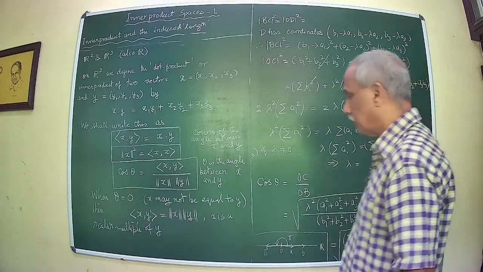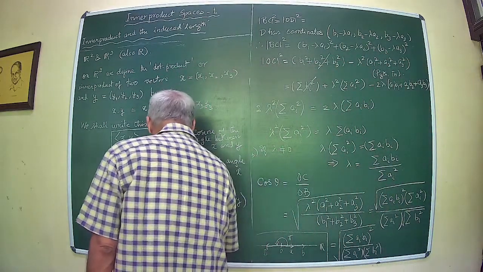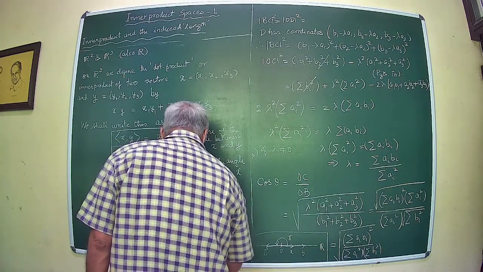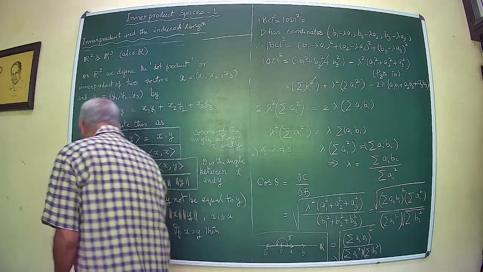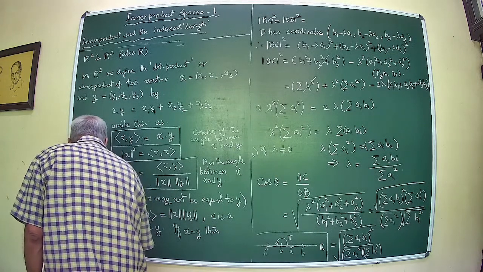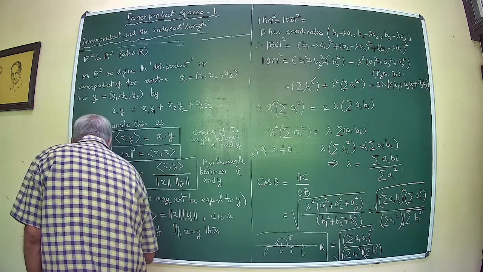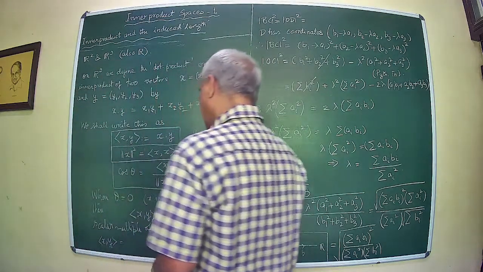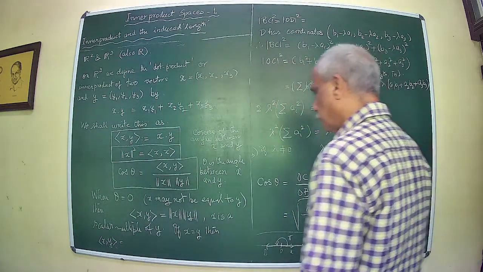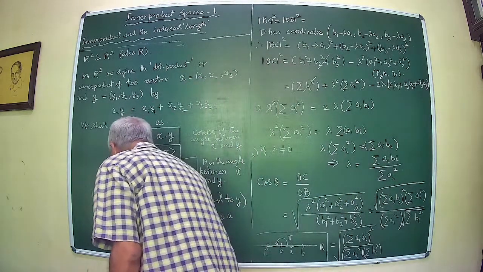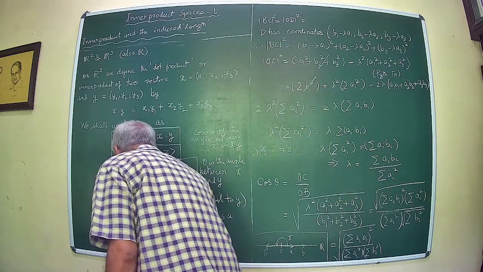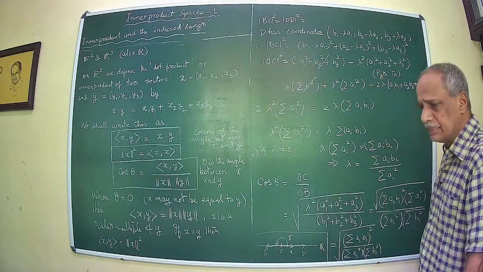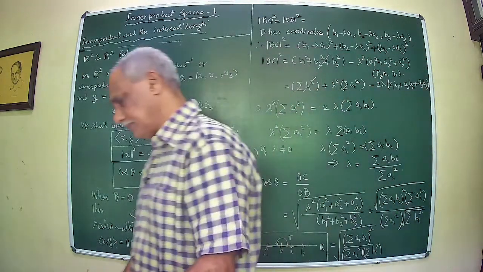But if x is equal to y, then the inner product xy is equal to the squared norm.